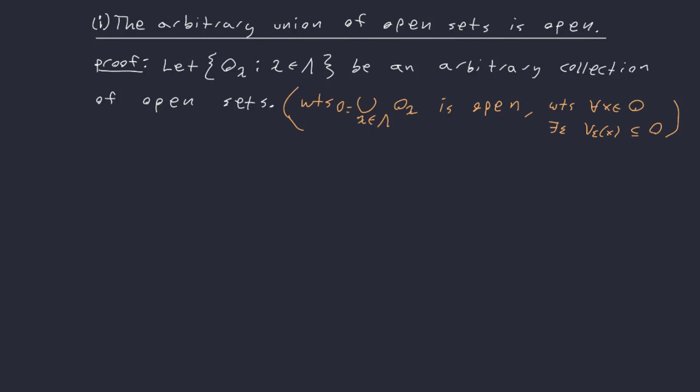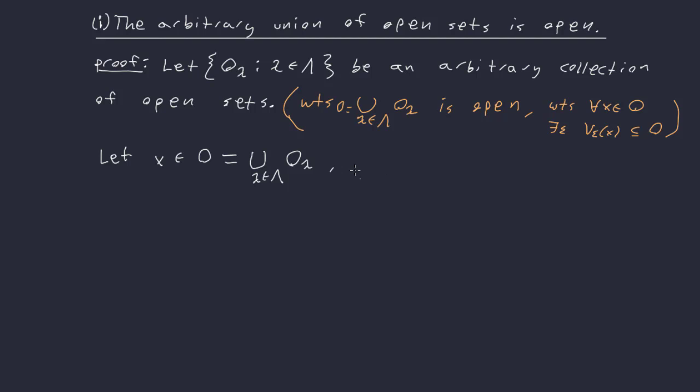Okay, so to do that, we're going to start by letting x be in O, which is equal to the arbitrary union of these open sets. Since this is a union, that means this x is in at least one of these open sets. I don't know which one, but it's in one of them.